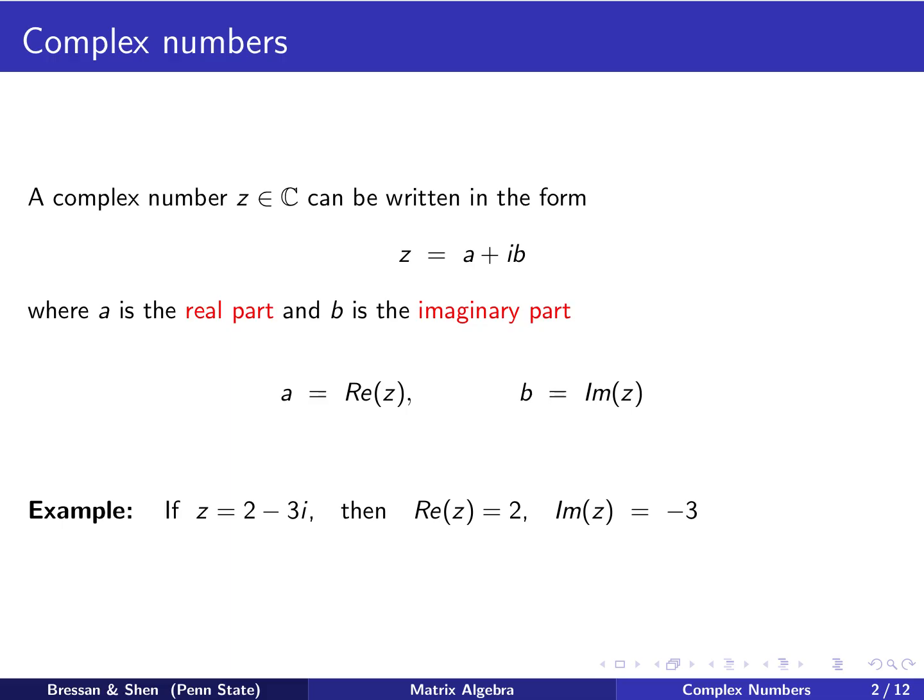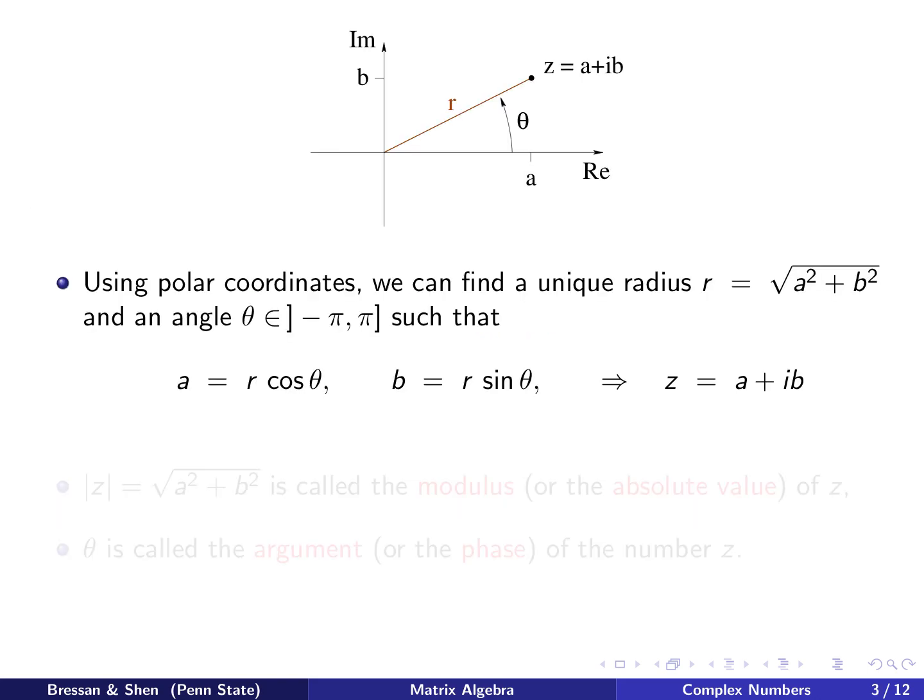An obvious example: let's say Z is now 2 minus 3i. Then the real part of Z is 2, and the imaginary part is -3. So there is a polar coordinate system. In it, you have two perpendicular axes.